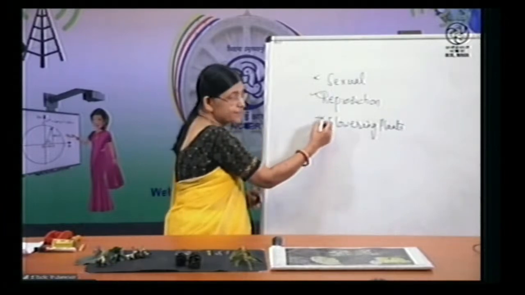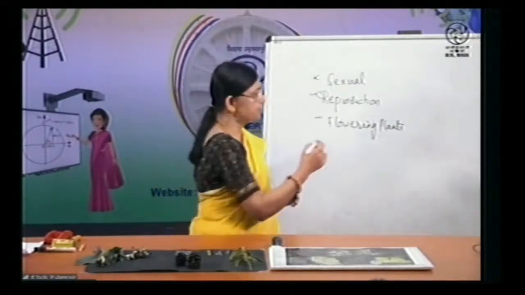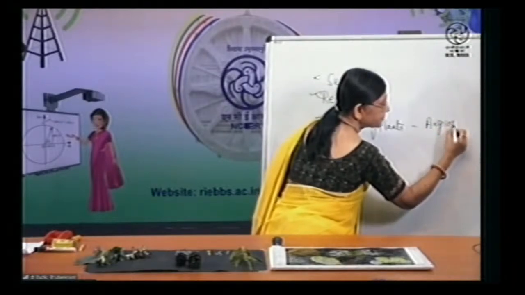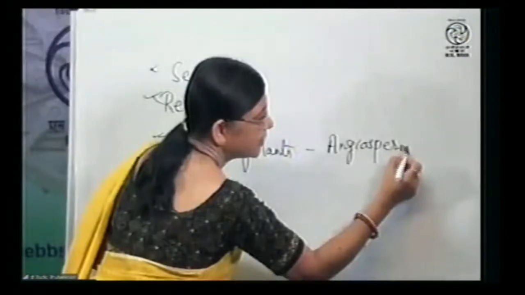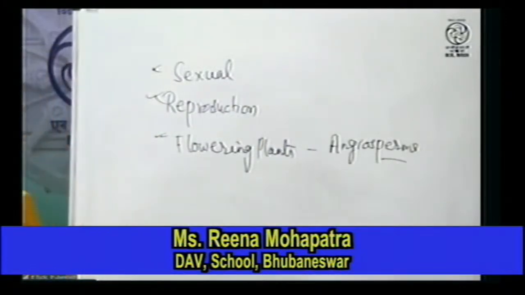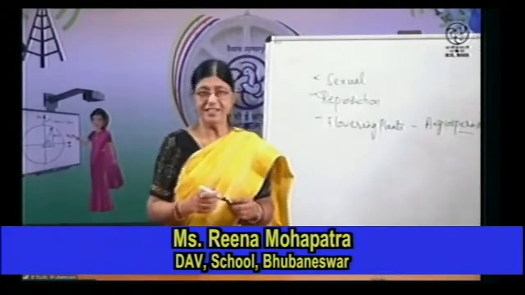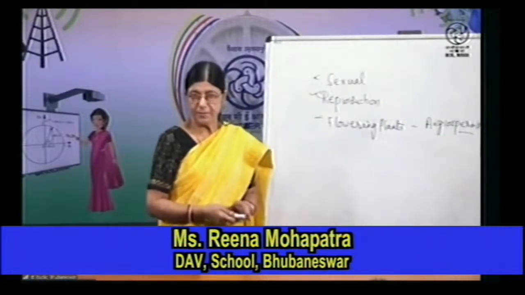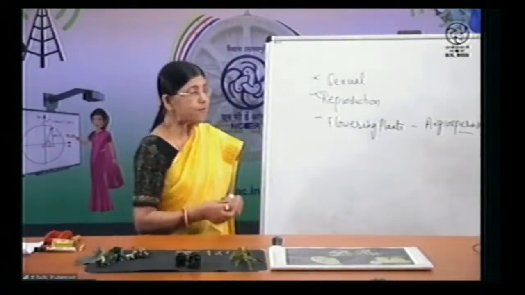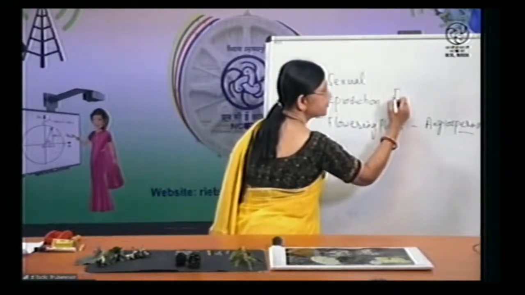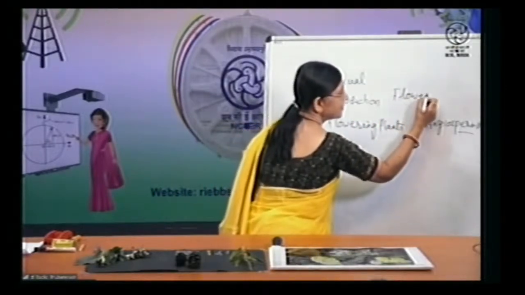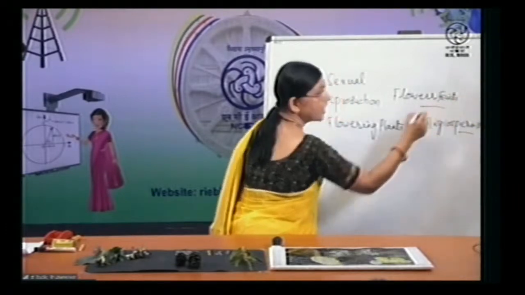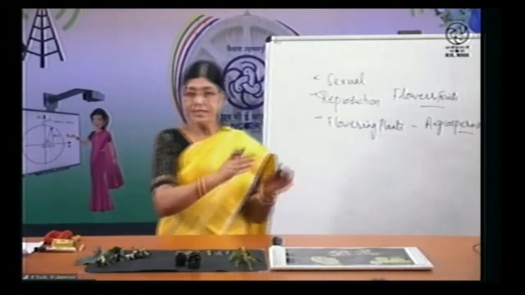Then next comes flowering plants. The group of flowering plants is otherwise called angiosperms. Around us nowadays, almost 95% of the plants we see are angiosperms. These plants have developed flowers as well as fruits, unlike previous groups.